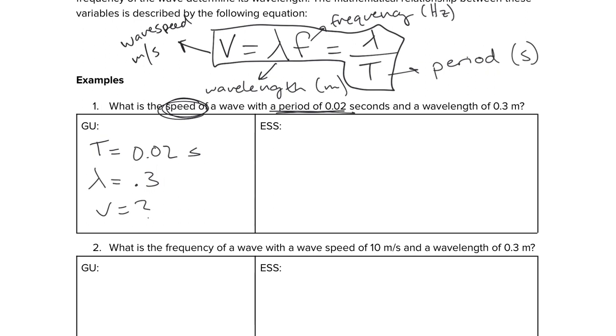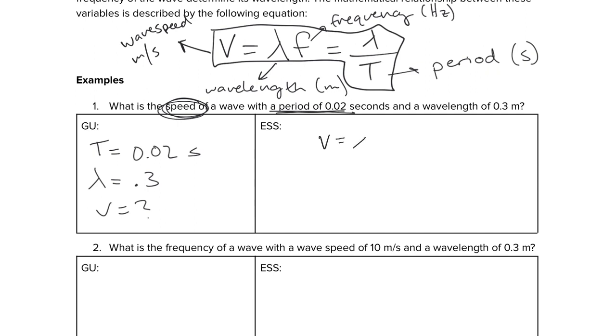Okay, so now we're going to look at our equation and decide which things we need. We're looking for v, so we definitely want that part of it. The lambda times f: we have the lambda, so that's good, but we don't have the frequency, so we probably do not want to use that section. And then the last section, we've got the lambda. We also have the T, so that's what we want to use.